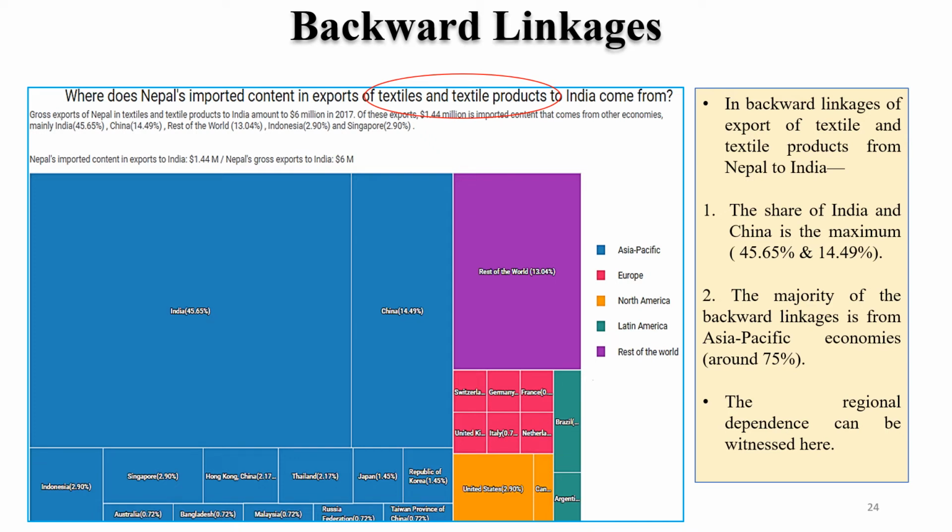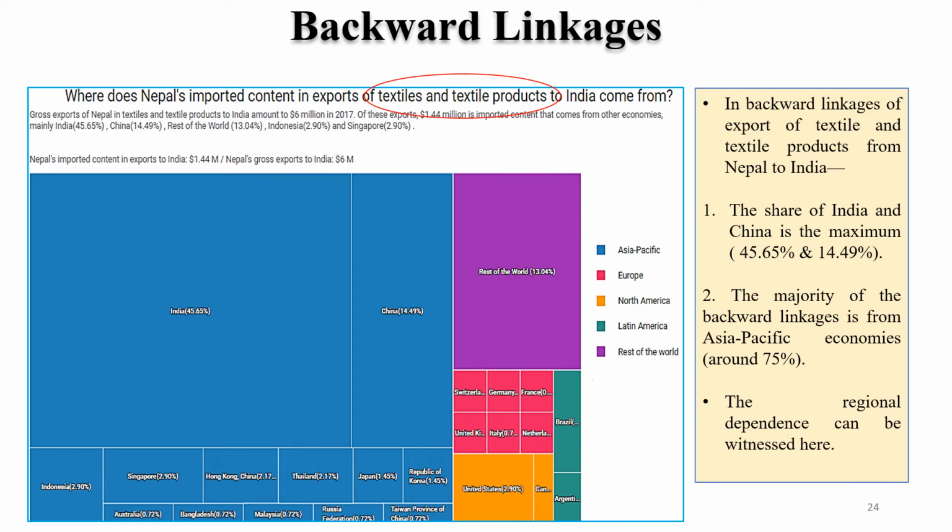One thing is very clear, that Nepal's exports are significantly being backed up by Asian countries, which is explained in this diagram through the blue part. The shares of India and China are the maximum. India is contributing 45.65% and China is contributing 14.49%.